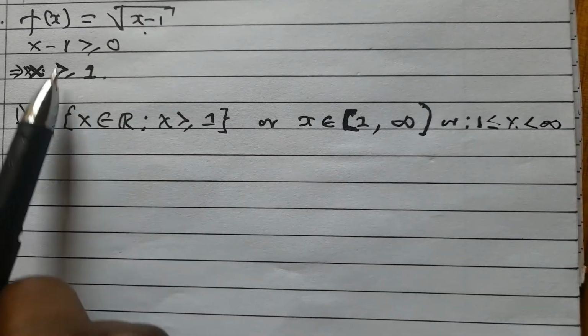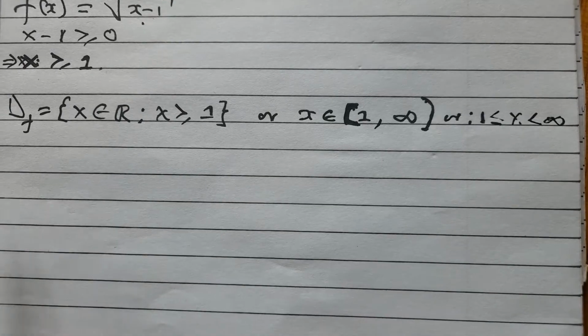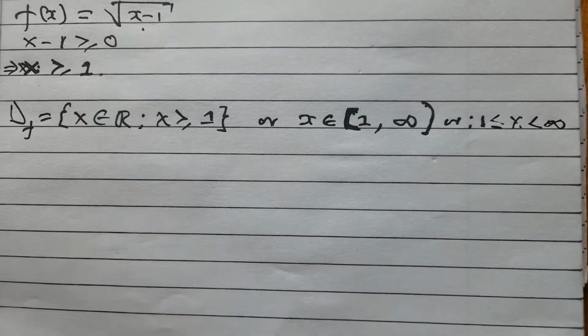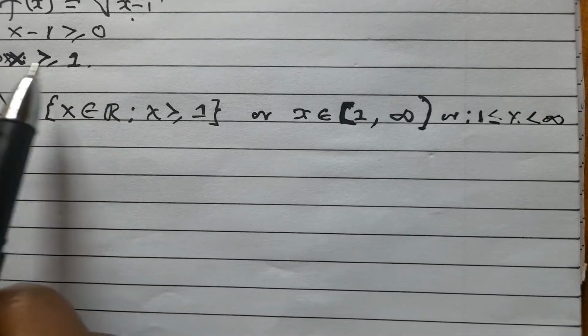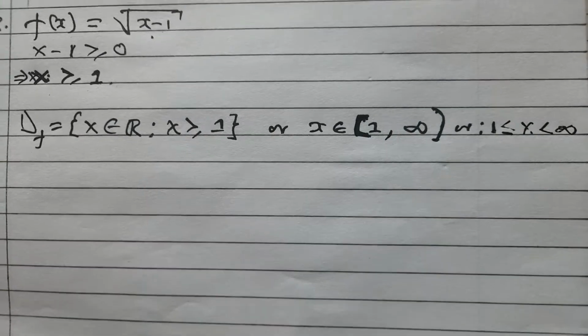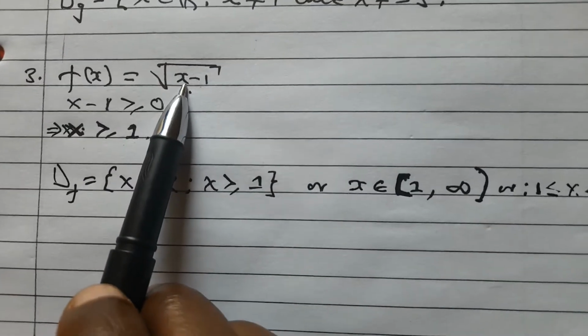Actually, to get the range of this function, to get the set of all possible outputs, we plug in the domain. We are saying that x should be greater than or equal to 1. So what if I plug in 1 here? You realize this will give me a 0. The square root of 0 is 0.